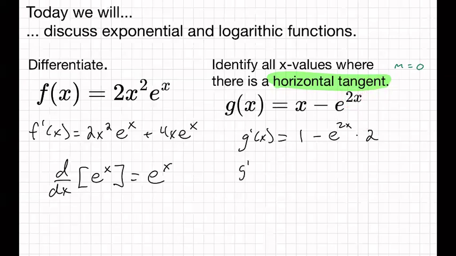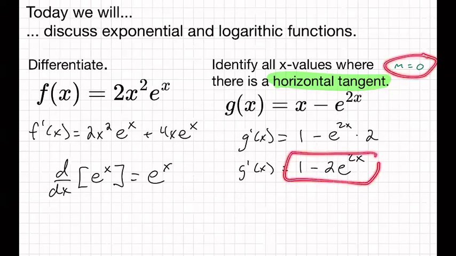So we want to be careful with that. Going through this then, just to clean it up a little bit, we'll have 1 minus 2e to the 2x. Now, horizontal tangent lines, remember, that's where we want to look at the slope of 0. So this function gives us all of our instantaneous slopes, right? It gives us that instantaneous rate of change at any x value.